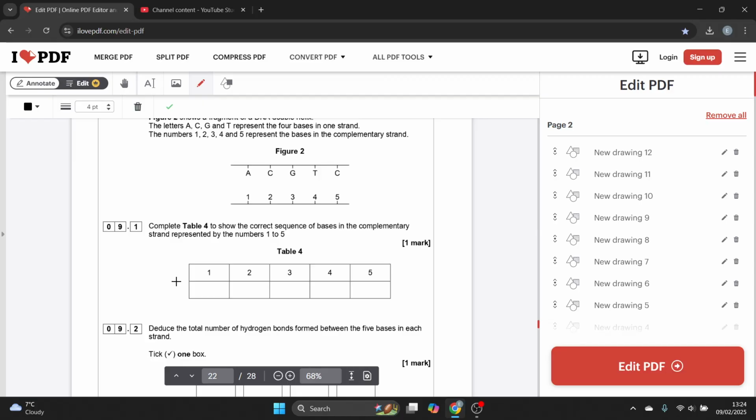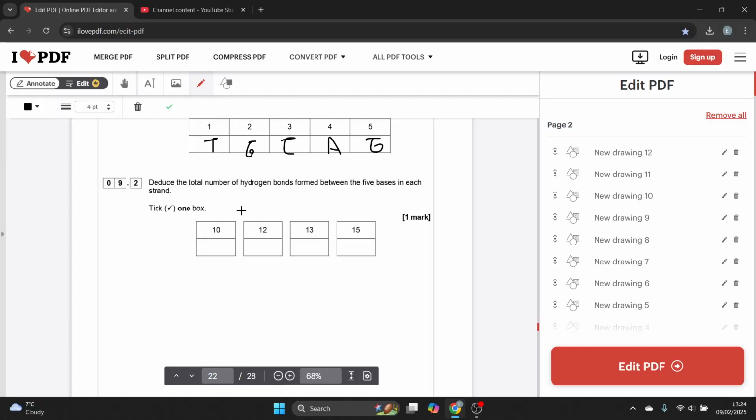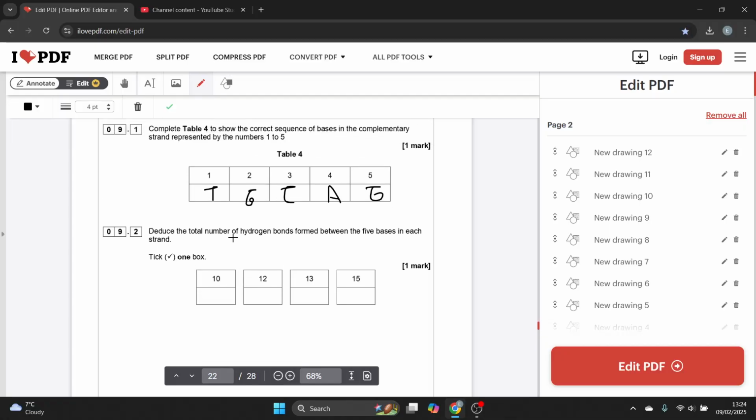So 1, T, G, C, A, G. T, G, C, A, and G. Deduce the total number of hydrogen bonds formed between the 5 bases in each strand.